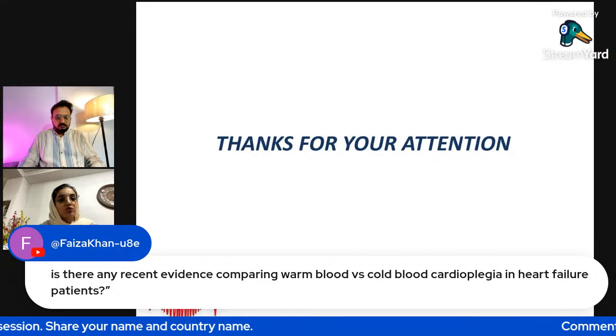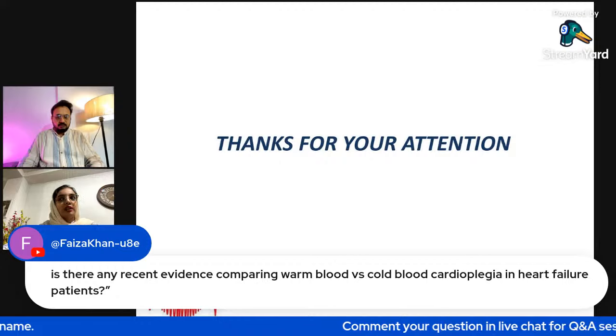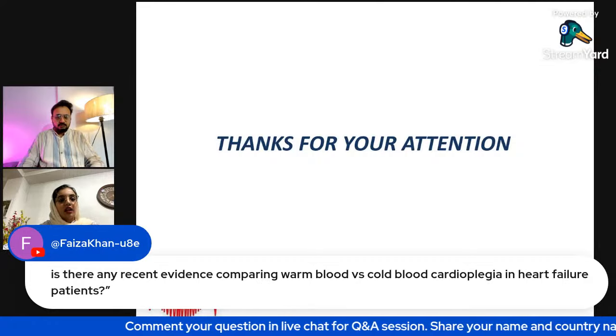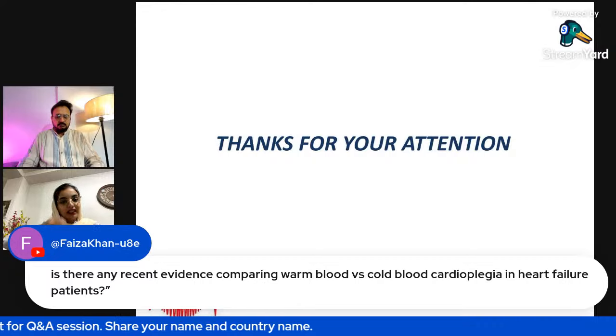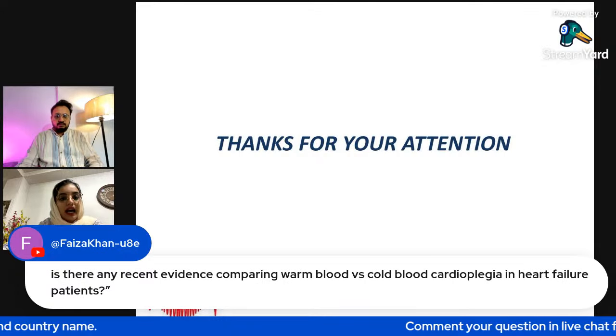So it's better to use warm cardioplegia to maintain the enzyme activity in the cell. The difference between them is related to the cellular work of the cell after the reperfusion.